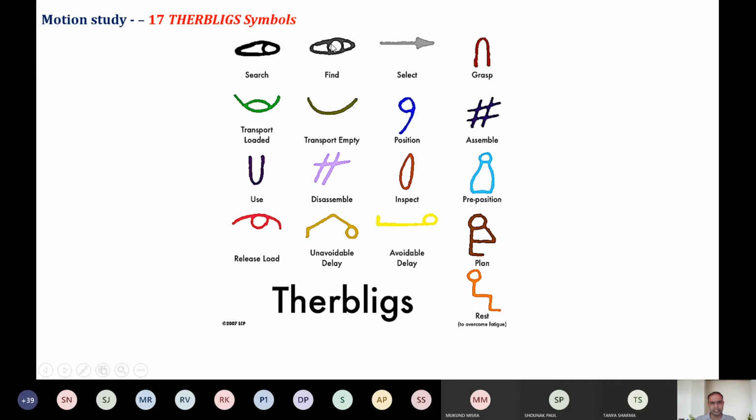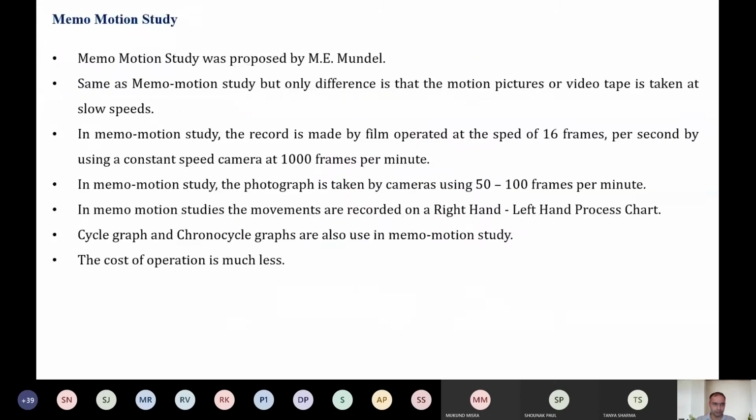Then find, select, grasp, transport, transport empty, position, assemble, use, disassemble, inspect, pre-position, release load. Unavoidable delay is when he is sleeping, avoidable delay, then plan, where the laborer is thinking, then rest, where he is just sitting idle. These are the common symbols used to study the motion of working employees.